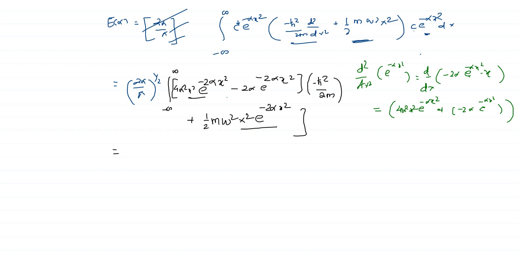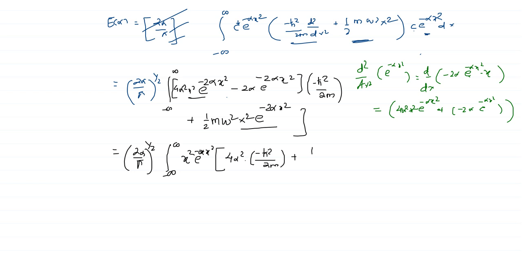So what we will obtain, 2 alpha upon pi raised to 1 by 2 as it is. Let us clump together these two terms, x square e raised to minus 2 alpha x square. What we will have in the bracket is 4 alpha square minus h bar square by 2m plus half m omega square.